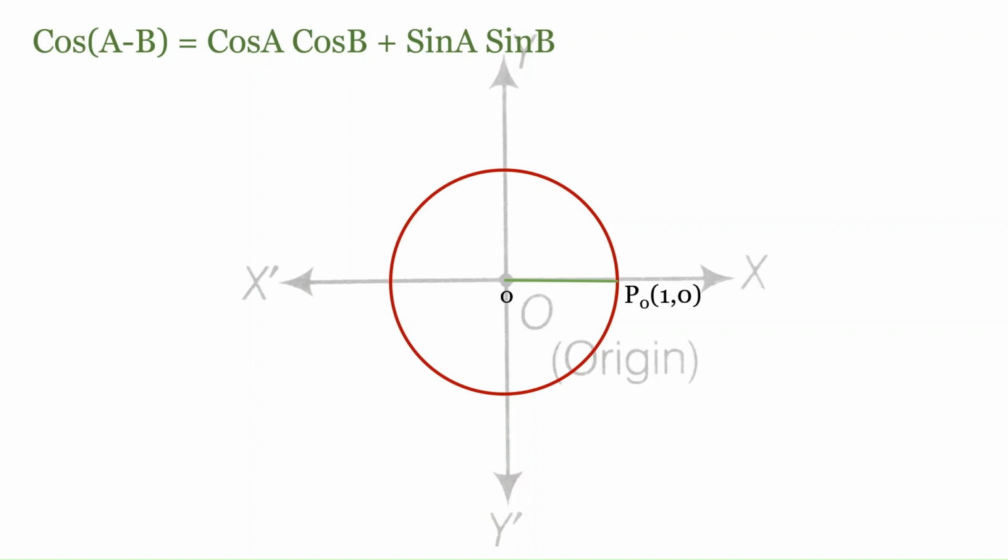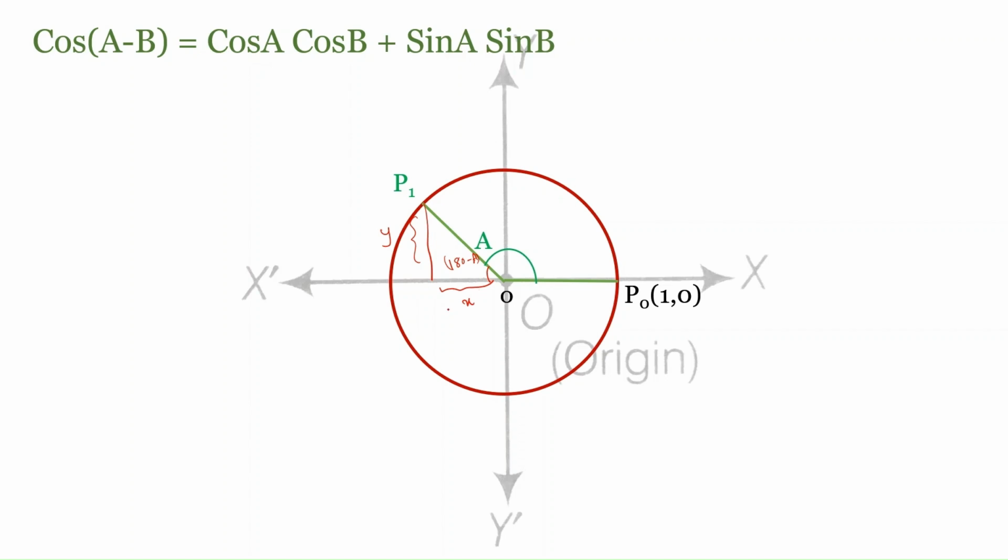Now consider another point P1 on this circle such that it makes an angle A. Now how do we derive coordinates for this point P1? When we look at this picture, here we have 180 minus A as the angle with the negative x-axis. So when we draw a perpendicular from here, this is the x value and this vertical one is y.